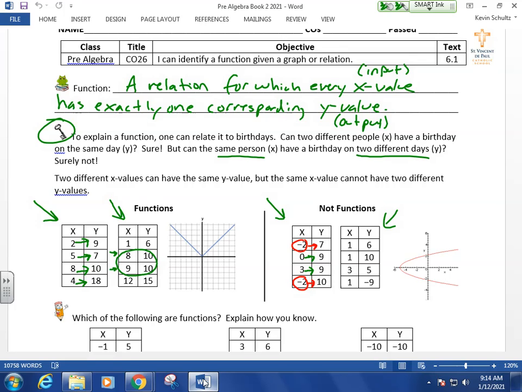Not a function. So when we talk about every x value having exactly one corresponding y, think of birthdays, okay? Every person has one birthday, right? And 2 people can have the same birthday, such as we see here. But it's not okay for the same person to have 2 different birthdays.